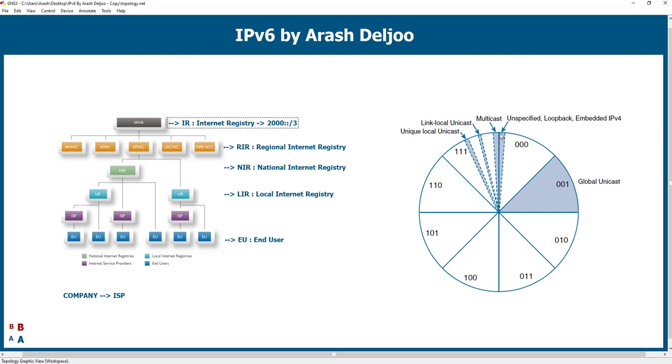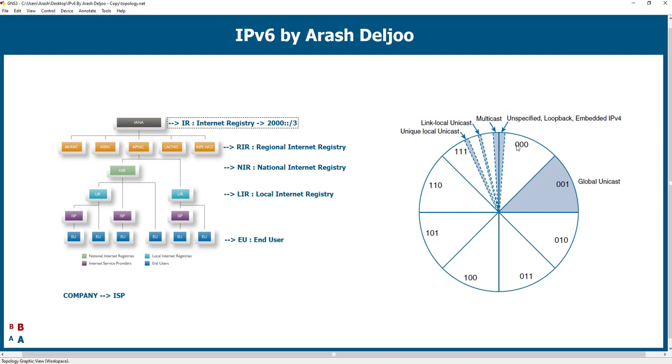All of these 8 parts are distinguished by the first 3 bits, because 3 bits means 8 formats.